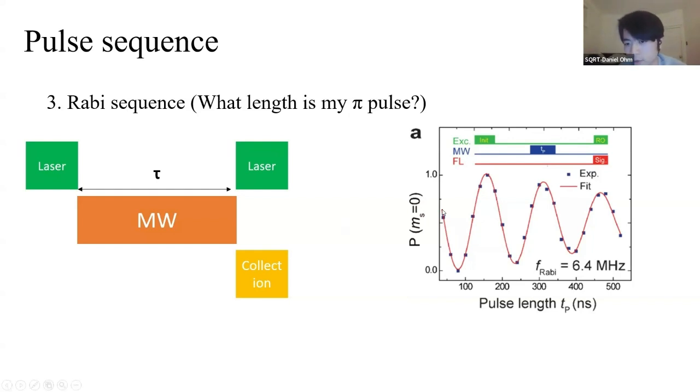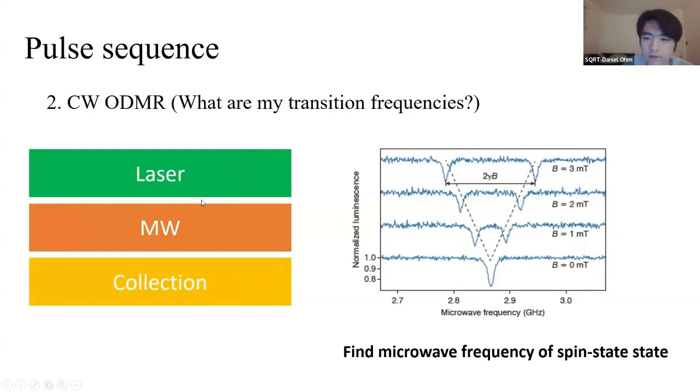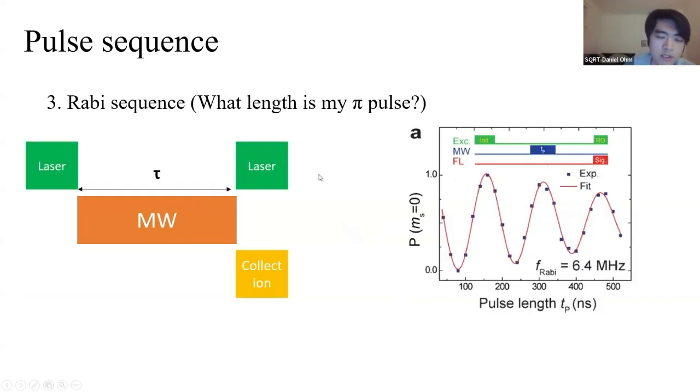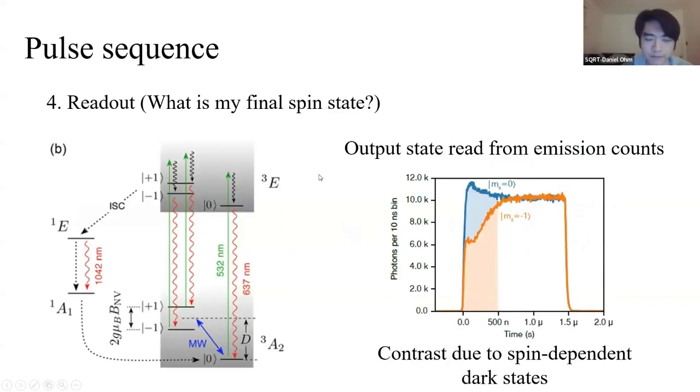So as you know from basic quantum mechanics, if I apply a certain pulse again and again, it oscillates from the 0 to 1 state, which is called the Rabi oscillation. And we exploit this oscillation in order to find the exact time I need to transition my 0 into a +1. So CW-ODMR finds the frequencies, and the Rabi sequence finds time needed.